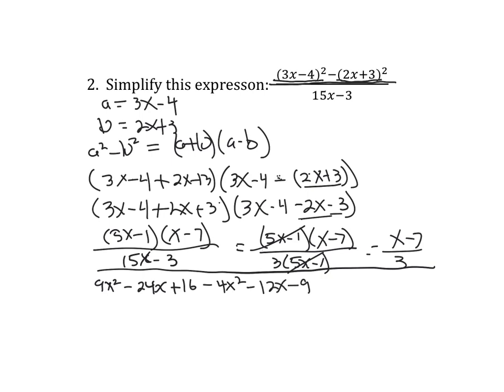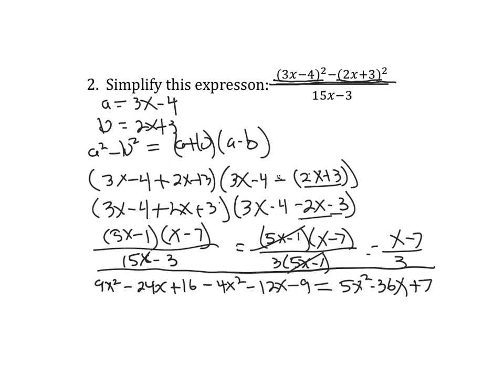So notice that we had to apply the negative to all of the terms of the expansion of (2x plus 3) squared. This ends up giving us 5x squared, and then we combine negative 24x and negative 12x to get negative 36x, and then we combine the 16 and negative 9 to get plus 7.